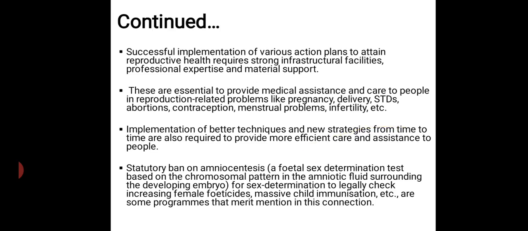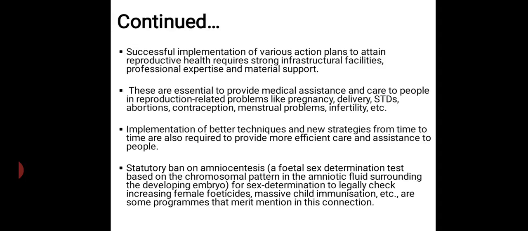So, successful implementation of various action plans to attain reproductive health requires strong infrastructural facilities. That means that if these equipments or steps are required, you must have those kinds of facilities available. Professionals should be there, and materials, of course.